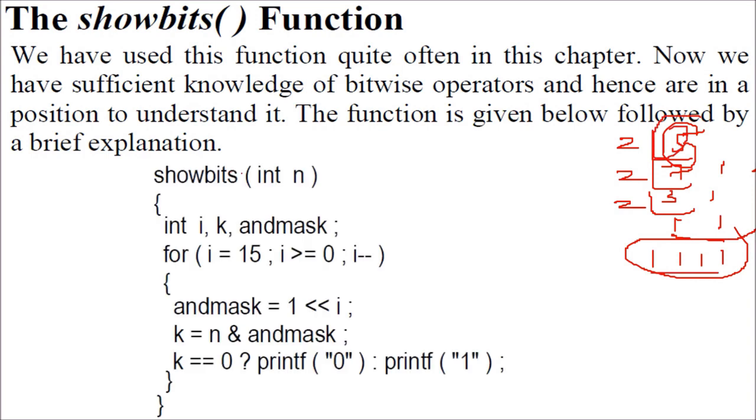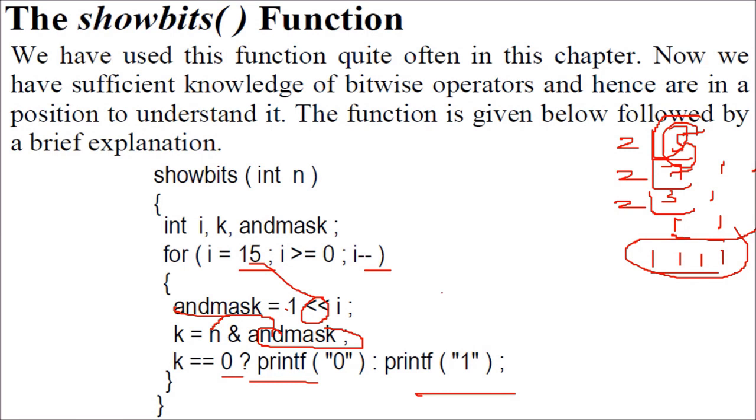So what is happening here is, we are starting from 15, you are going till 0, and you are left shifting this 1 with i. And now this AND mask changes every time, and AND masking is done with n. So if it is 0, you print 0, otherwise you print 1.